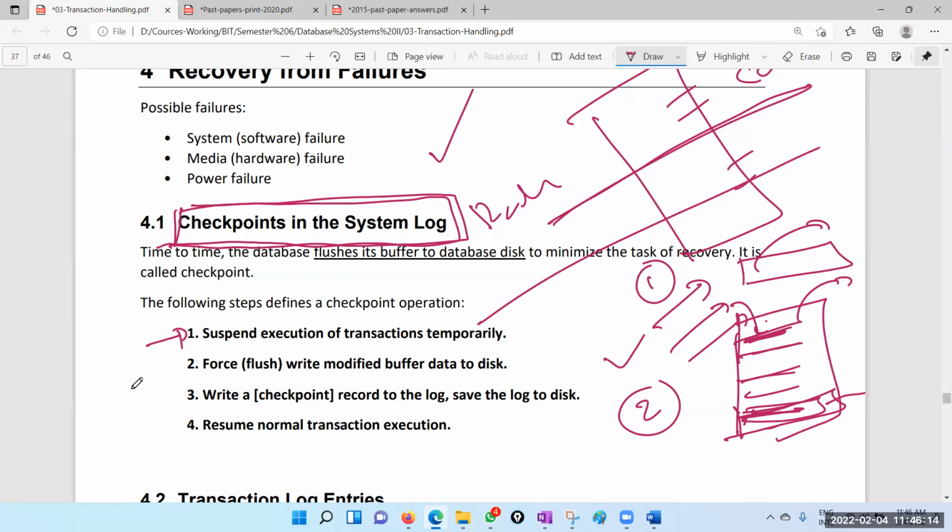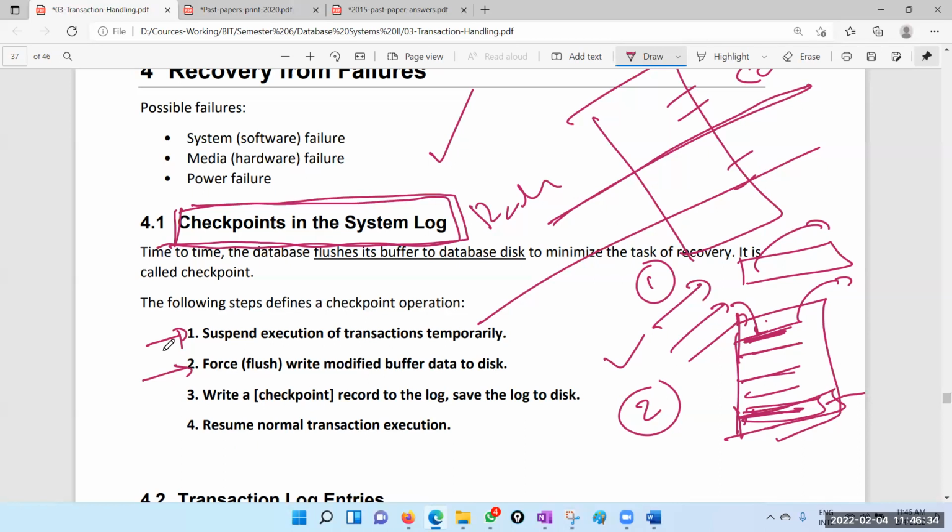Then it forces or flushes any modified values in buffers to the disk, because sometimes some data, dirty records, are in memory and you have not written them to the disk. Accessing disk is a costly, time-taking operation.